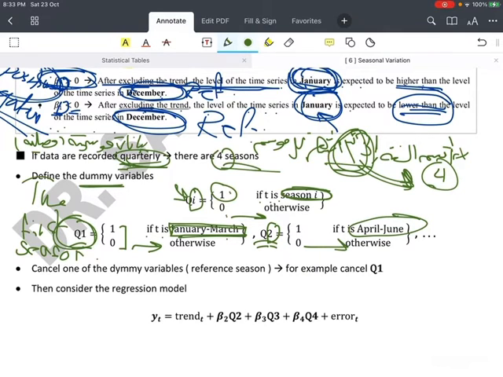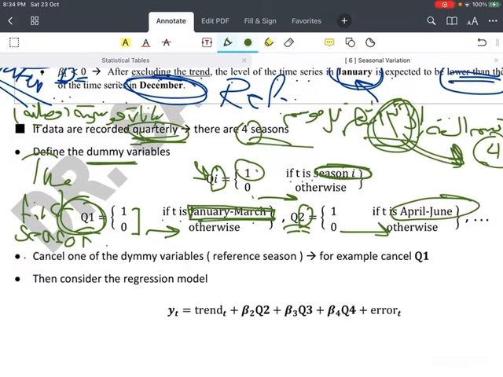It's the same procedure when you need to define dummy variables for the monthly or the quarterly data. Then the cancelling or the reference season is exactly the same.